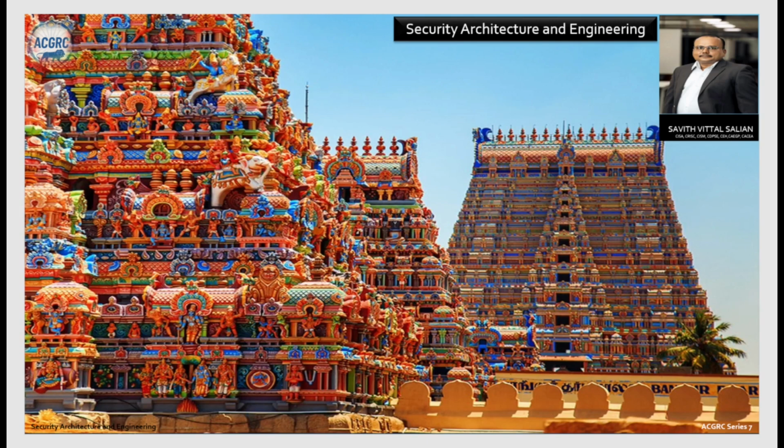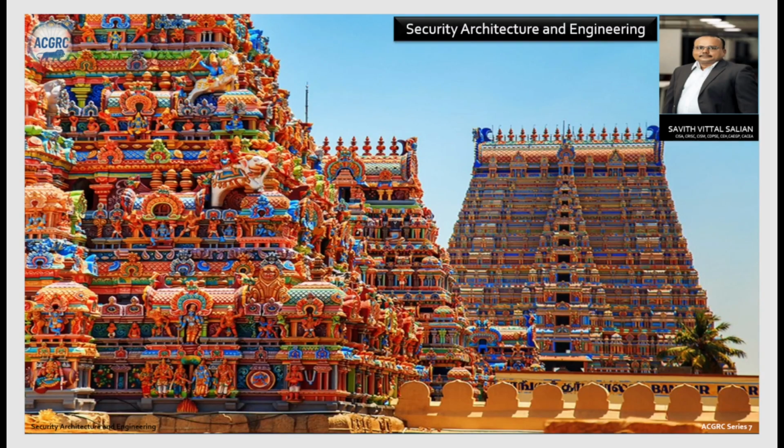In phase 1, we set the groundwork with core concepts. We unpack security models like Bell-LaPadula, Biba, Clark Wilson. We understand system architecture and its principles, including the trusted computing base and the reference monitors.